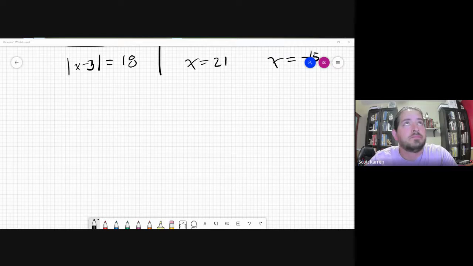All right. So if we have inequalities in here, let's say that I have the absolute value of x is greater than 3.